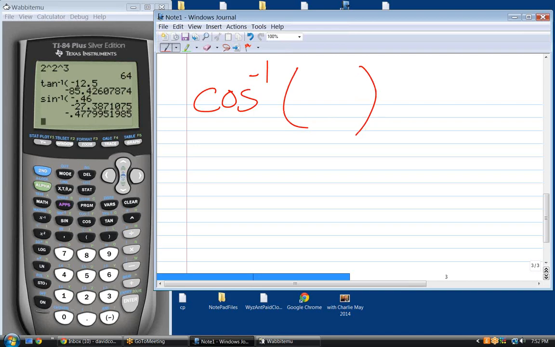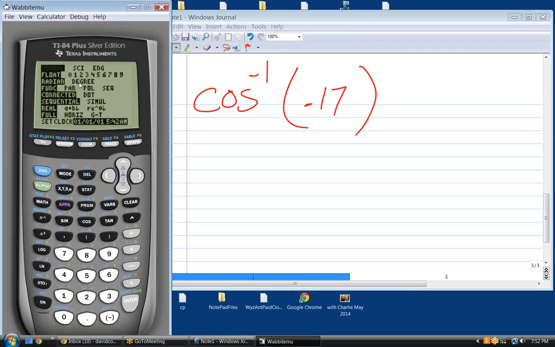This one is 0.17, and I want the answer in degrees. Okay, let's change our mode back to degrees. What quadrant is this going to be in? That'll be the second.